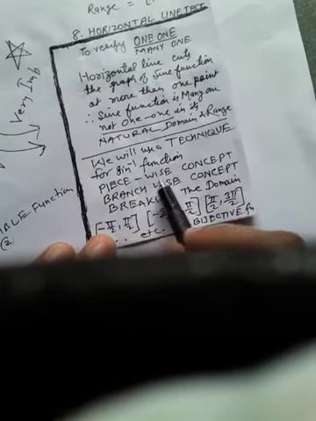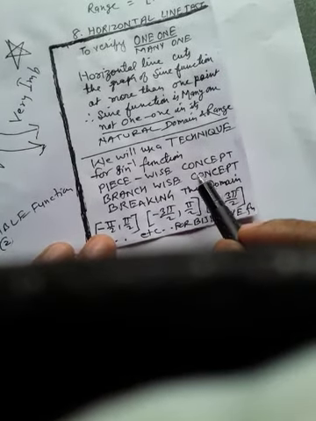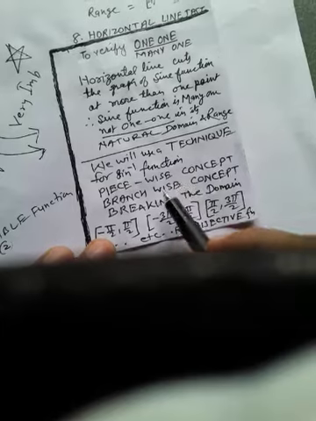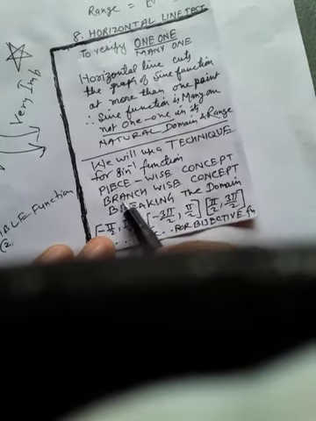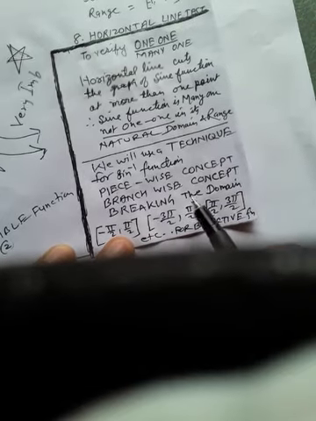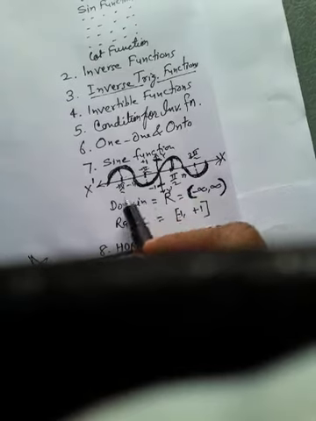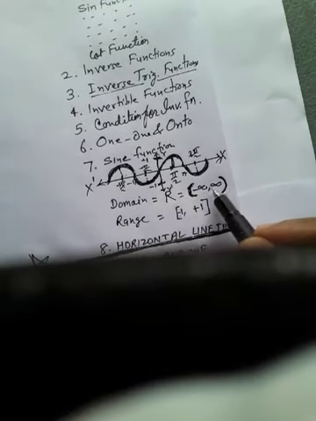What is the piecewise concept? I want to make it very clear to all the students. Piecewise concept, branch-wise concept, or you can also call it breaking the domain. Now see, the domain of the sine function is real numbers, minus infinity to infinity.